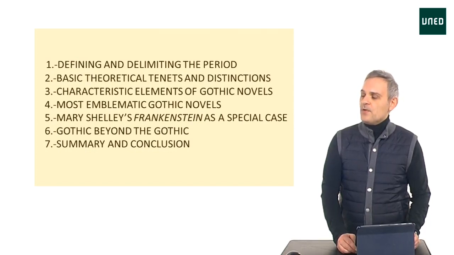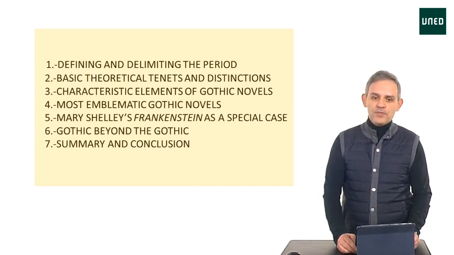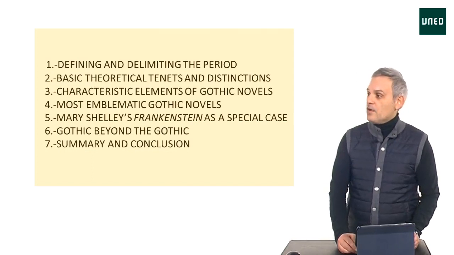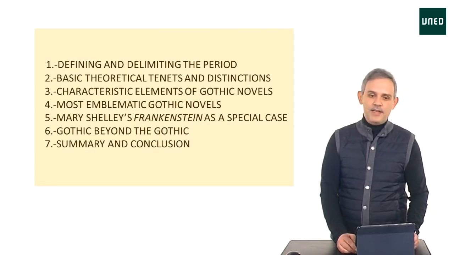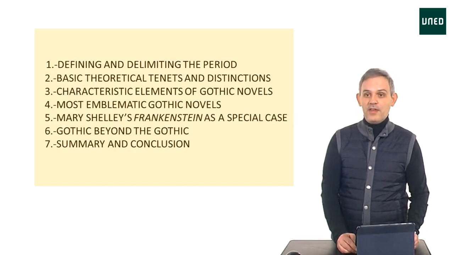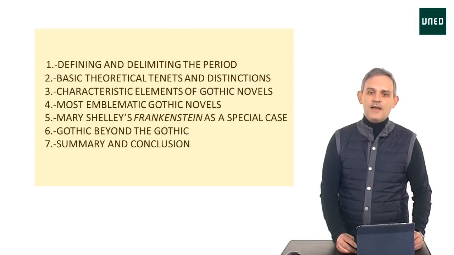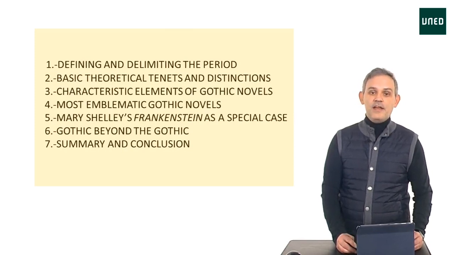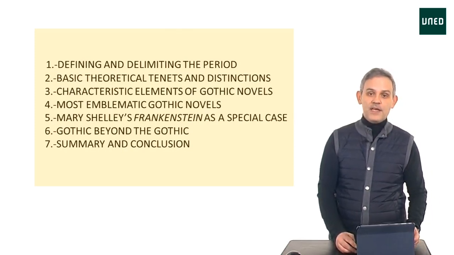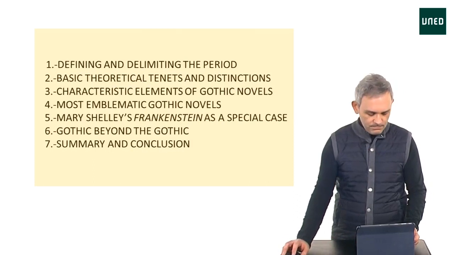We will also look at some of the most emblematic Gothic novels, also at Mary Shelley's Frankenstein as a special case. Then there is a section I have called Gothic Beyond the Gothic, meaning the influence that the Gothic has after the 18th century. And then we will end with a summary and conclusion.